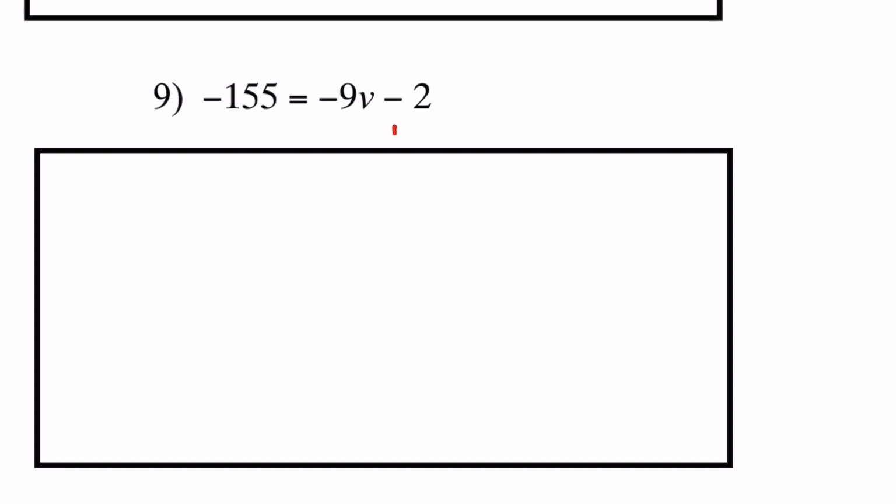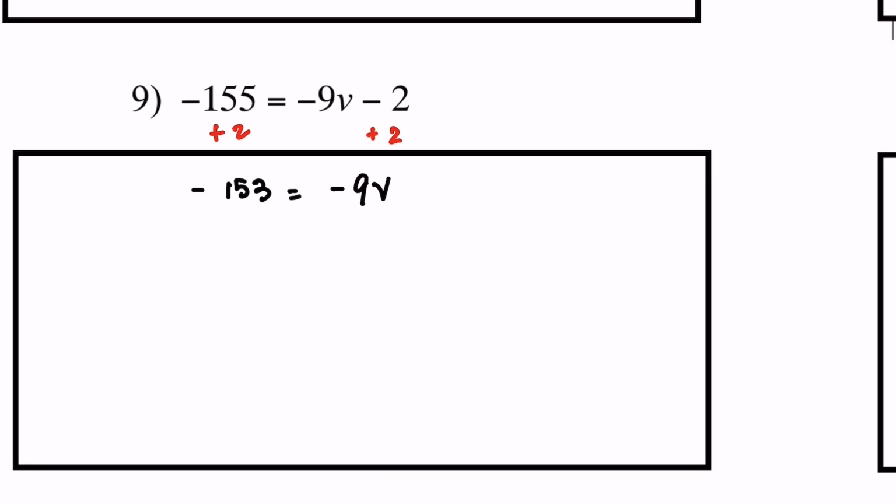Then we add 2 to both sides, and we get negative 153 is equal to negative 9v. Then we divide both sides by negative 9. And we get that v is equal to 17.